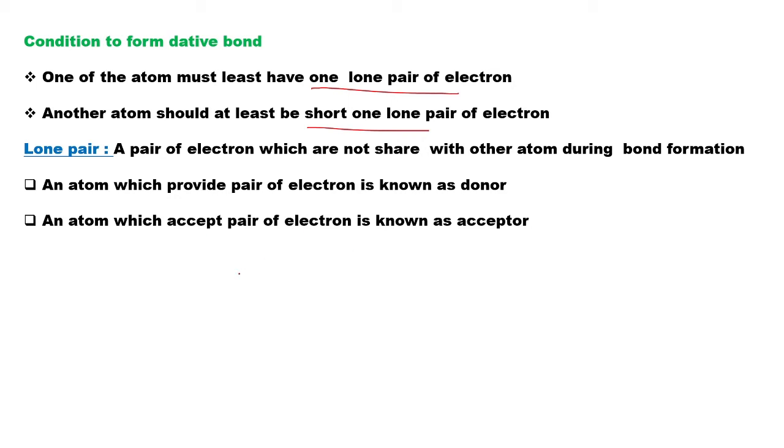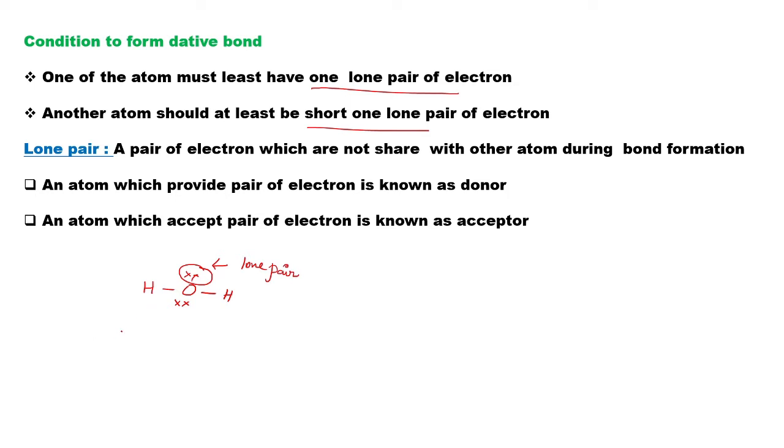So what is a lone pair? Suppose in the previous lecture you have seen in water, over oxygen, two pairs of electrons did not participate in bond formation. The pairs of electrons which did not participate in bond formation are called lone pairs. They are left behind, lone.